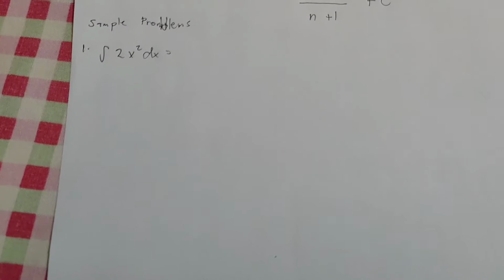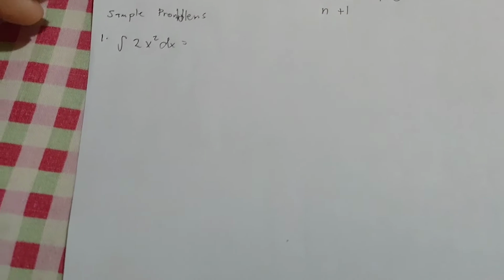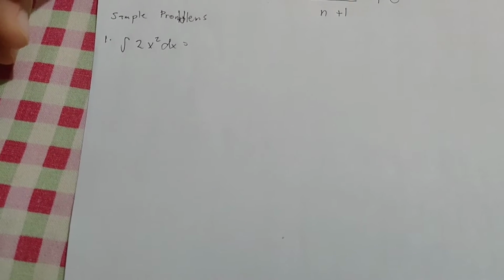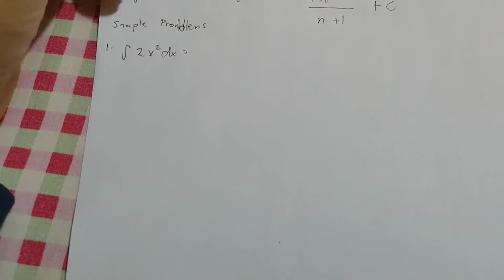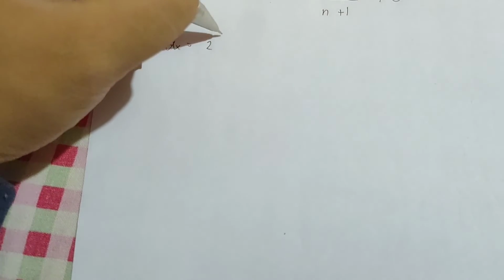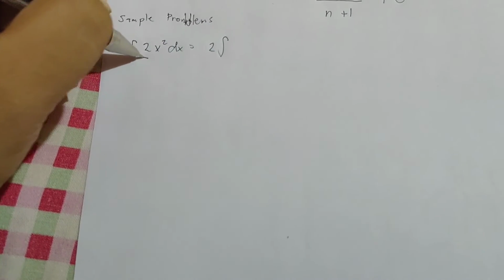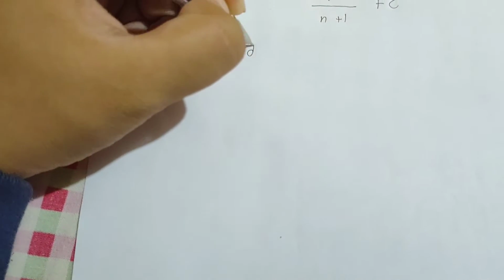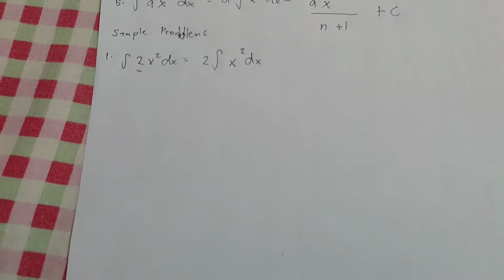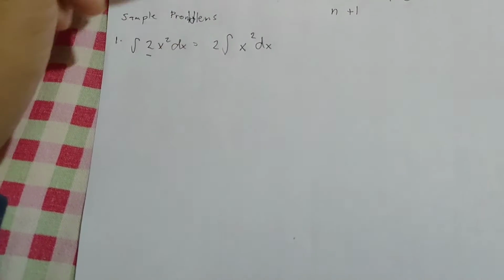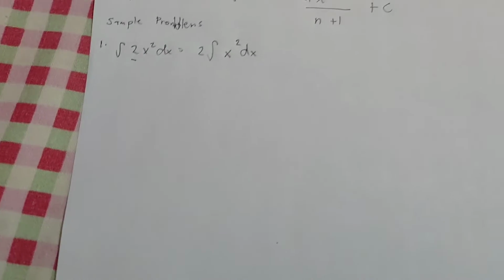which is the formula in power if our variable has an exponent. Put the constant out, which is our 2. Our variable is x squared, and we will integrate this x squared dx.